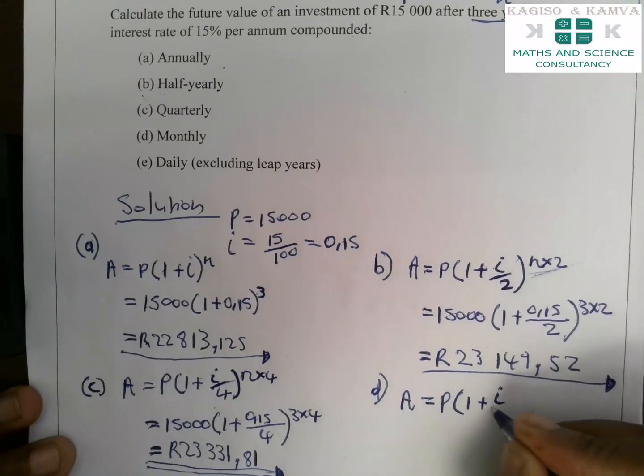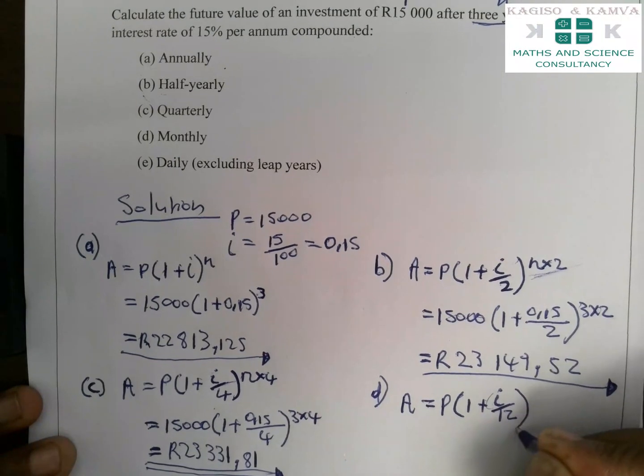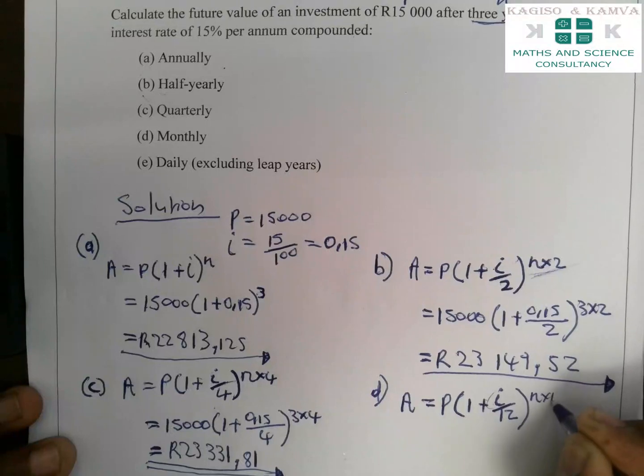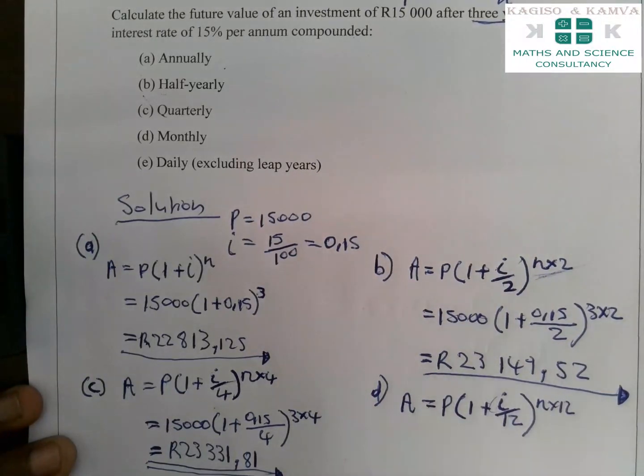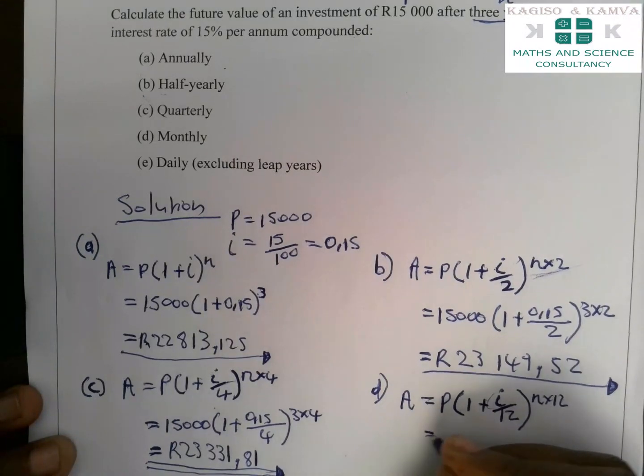How many months do we have in a year? We have 12 months. So this interest is divided for each month, and then this is going to be n times 12. So how many months do we have in 3 years?